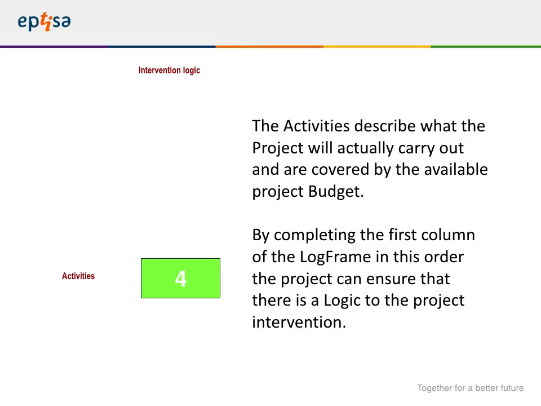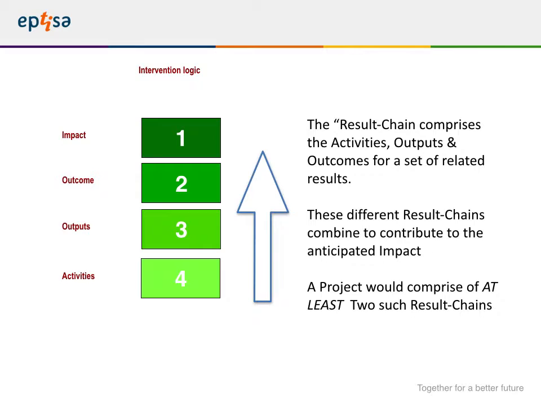In terms of the logic, activities will produce outputs. If these are done properly, the output will be at the appropriate quality. The various outputs of different project activities, combined with some external factors, will deliver the outcome or the big change that is necessary.